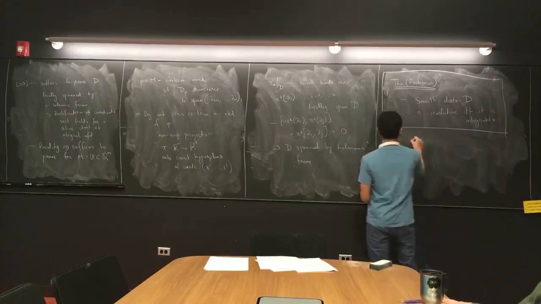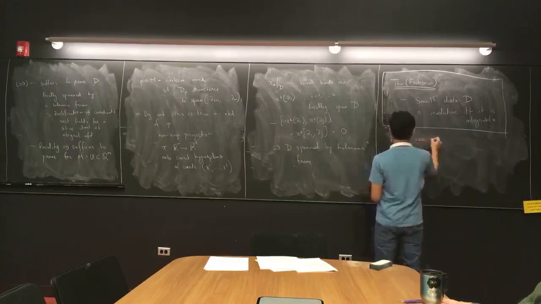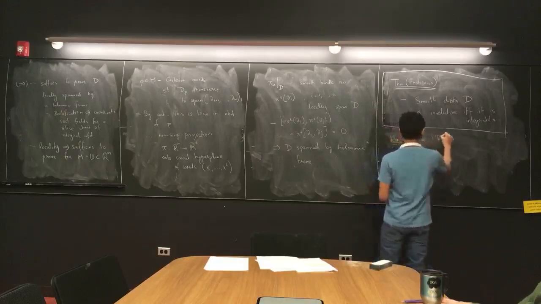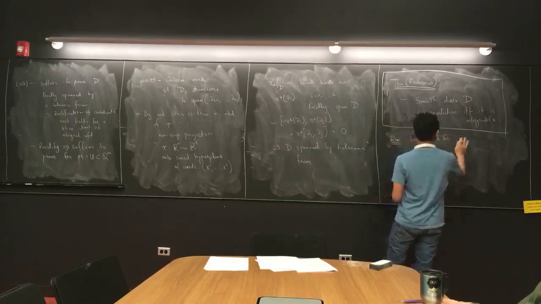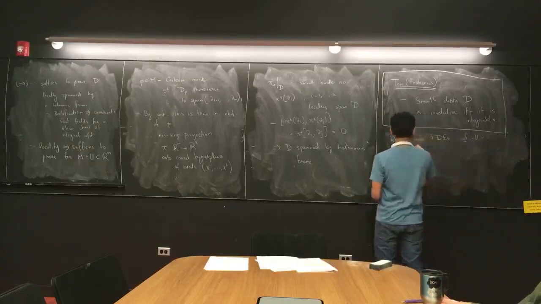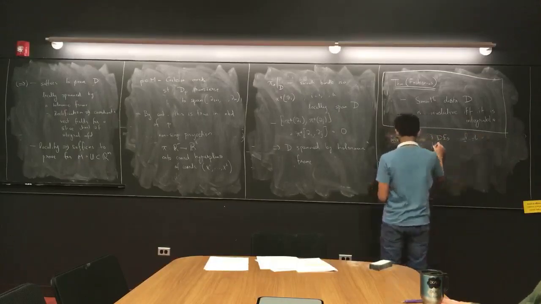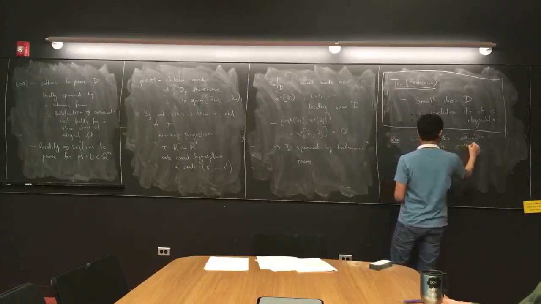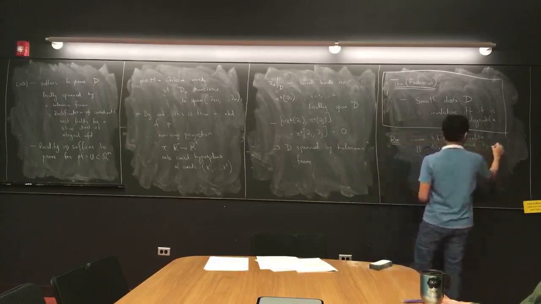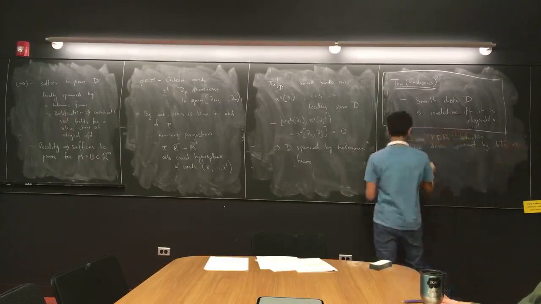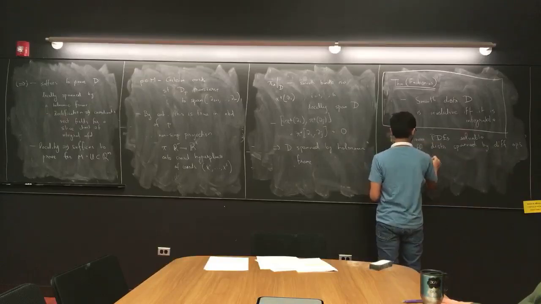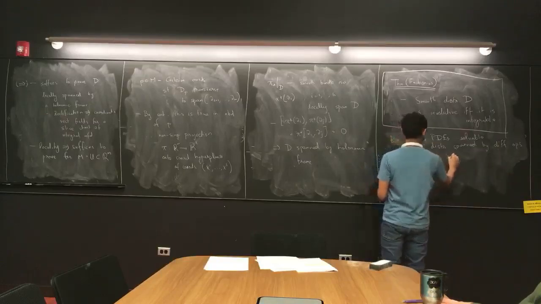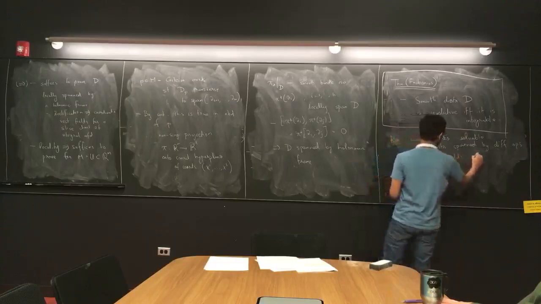We can have an overdetermined system of linear PDEs, and we can comment on the solvability of these by saying that they're solvable if and only if the distribution spanned by the differential operators as vector fields is integrable.